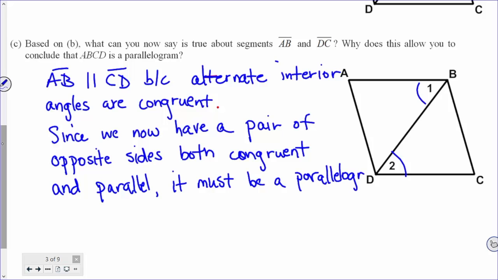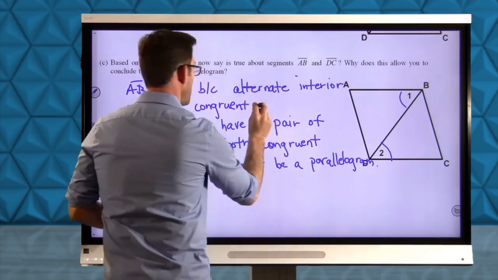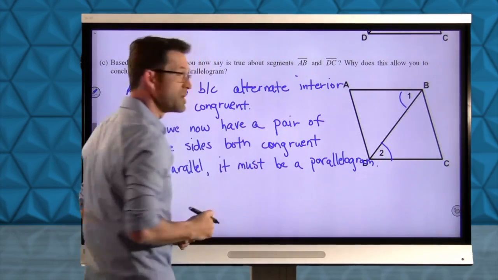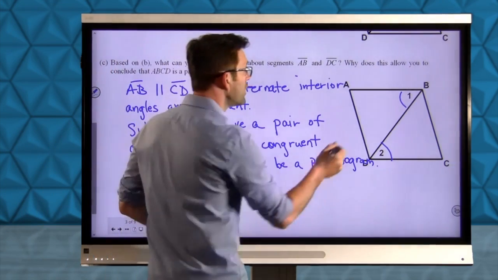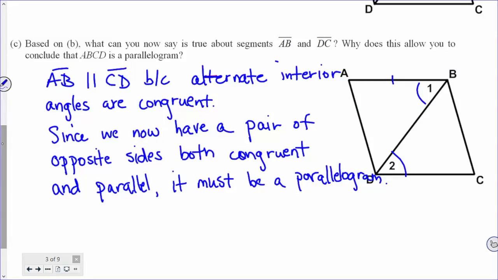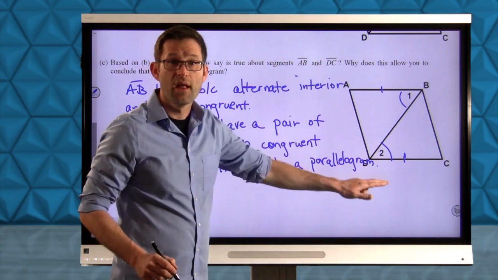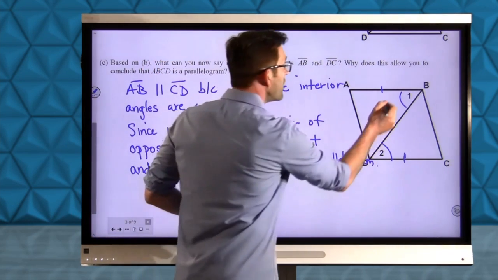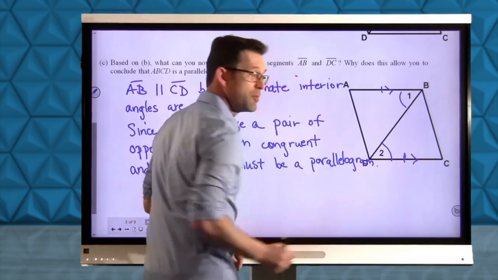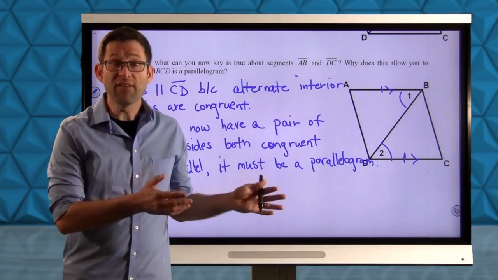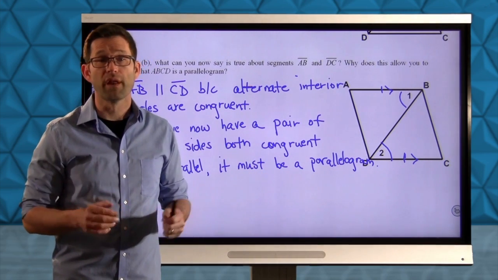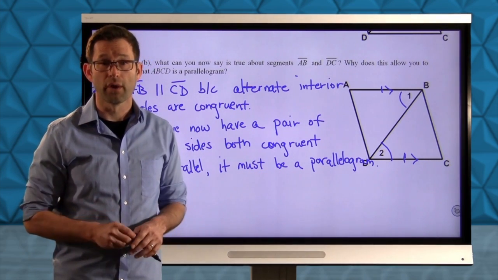So do you remember that? There are many different ways to prove something is a parallelogram. One of the ways is by showing that you've got a four-sided figure where one pair of opposite sides are both equal in length and parallel.